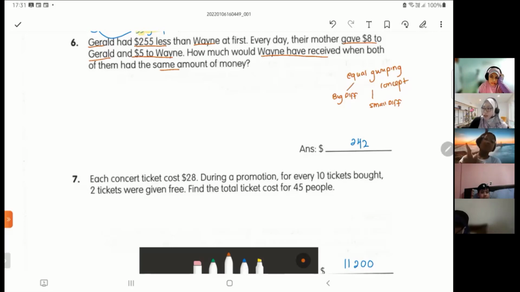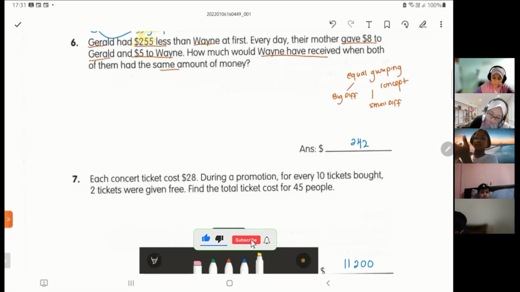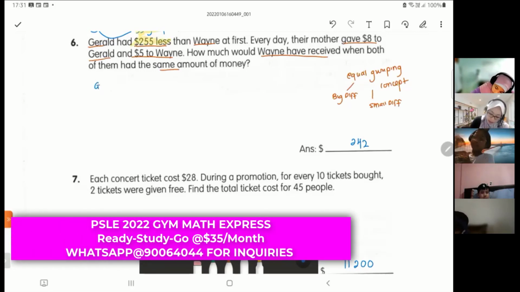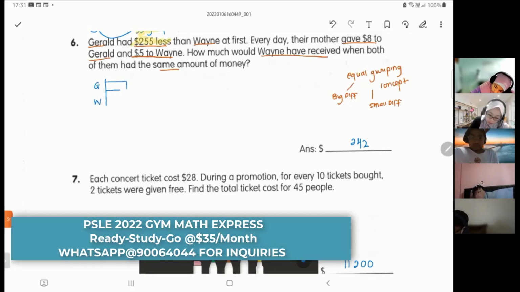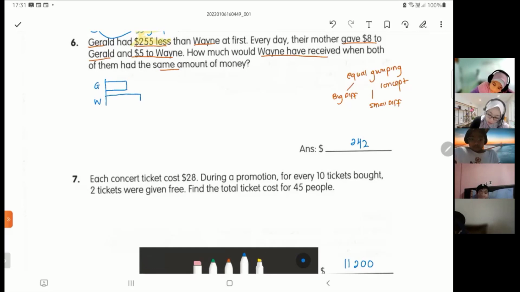Okay, the big difference is the one that is given to us at first, which means if I were to draw Gerald and Wayne's model, right? Gerald and Wayne. Gerald will have a shorter model as compared to Wayne, like this. And what is the difference? 255. Like this. So which means the big difference, I already settled. It is actually 255.